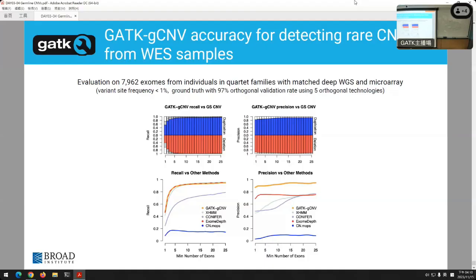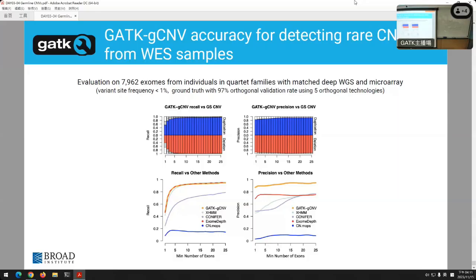Yeah, so GCNV does end up filtering out some intervals that are part of segmental duplications, because those can be really messy in terms of read depth. You will get reads that might map to one part of the segmental duplication, but they actually came from the other. So it's very difficult to do CNV calling from read depth in those segmental duplication regions.